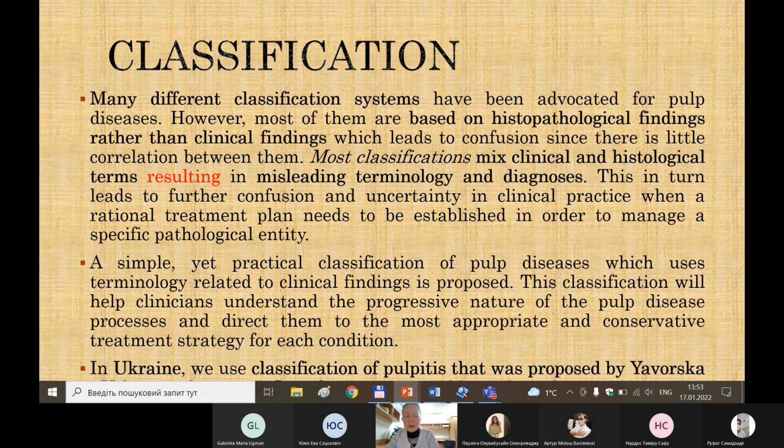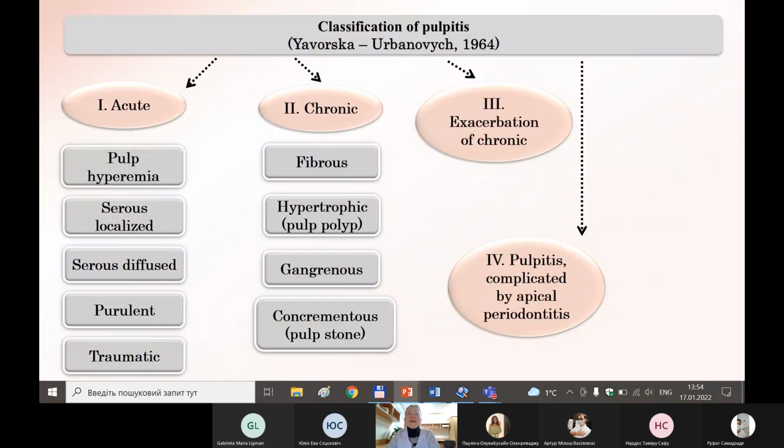In Ukraine, we use the classification of pulpitis that was proposed by dentists Yavorska and Urbanovich in 1964. And here you have this classification that we use in clinical practice in our country. According to this classification, pulpitis is divided into acute, chronic, and exacerbation of chronic, and as well the fourth group, pulpitis complicated by apical periodontitis.